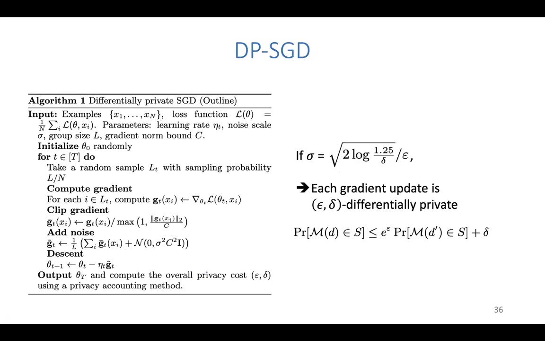So this is the whole algorithm, DP-SGD. Here you have a set of examples. You have the loss function, which could be cross entropy, it could be mean squared error, it could be anything.